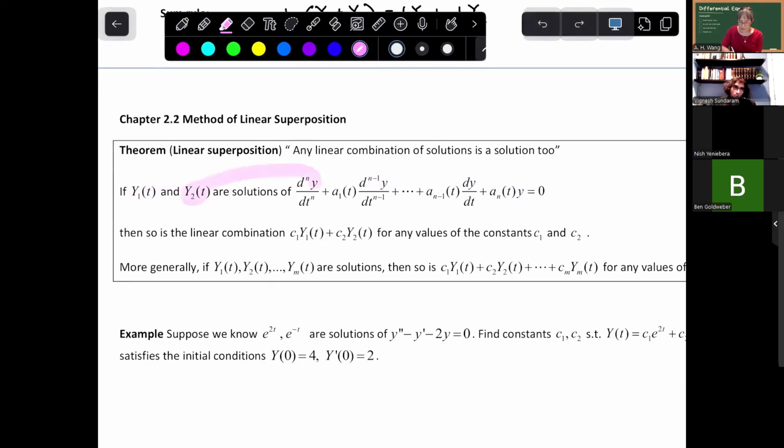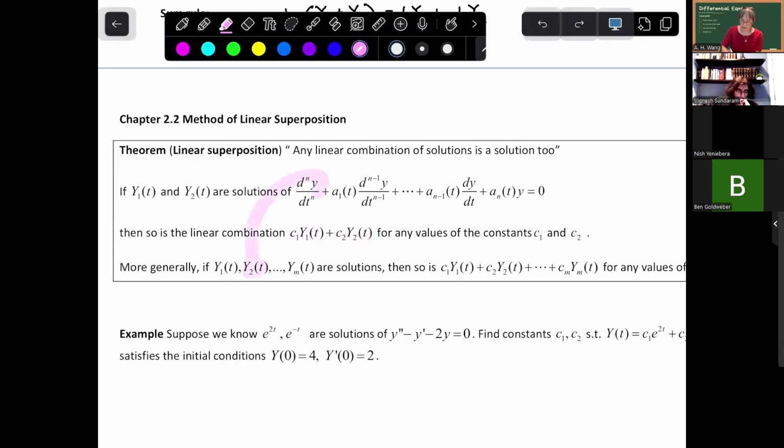If you take this and plug it in, you will get a true statement. So if you scale and then add, that's called making a linear combination, then that is going to be a solution too. In other words, you can take that and plug it in and you will get a true statement. And furthermore, if you have a whole bunch of solutions, that means any one of these, plug it in, you get a true statement.